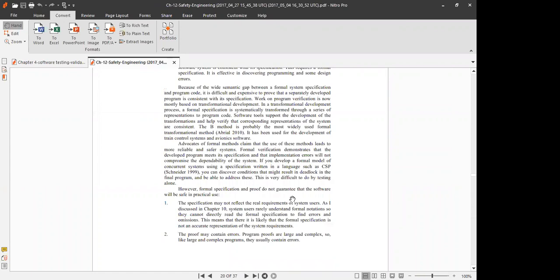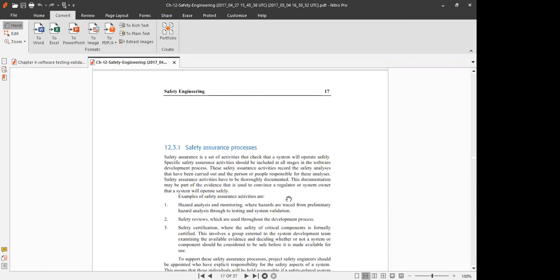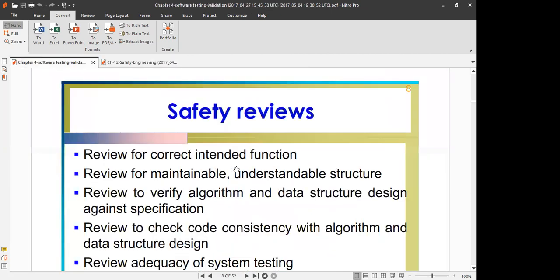On page 17, we talk about safety assurance processes and even safety certification, which is not mentioned on this slide, that are under safety assurance processes. So please take a note of that. It's very important for you to check in the textbooks as well. Very, very important.